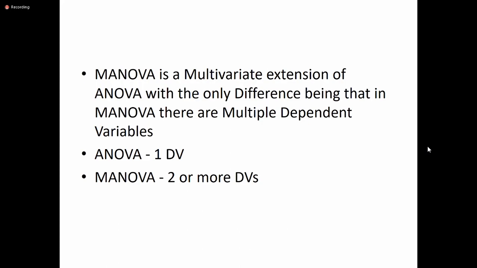So MANOVA is a multivariate extension of ANOVA, with the only difference being that in MANOVA there are multiple dependent variables. In ANOVA we have a single dependent variable. That's why analisisnya kalau kita lihat itu kan univariate dia. Kalau MANOVA two or more than 2 dependent variables.